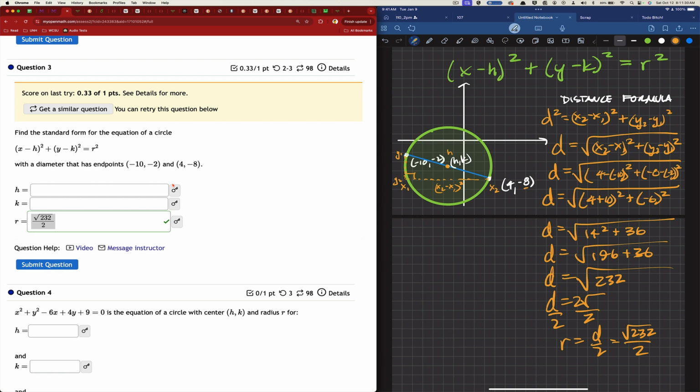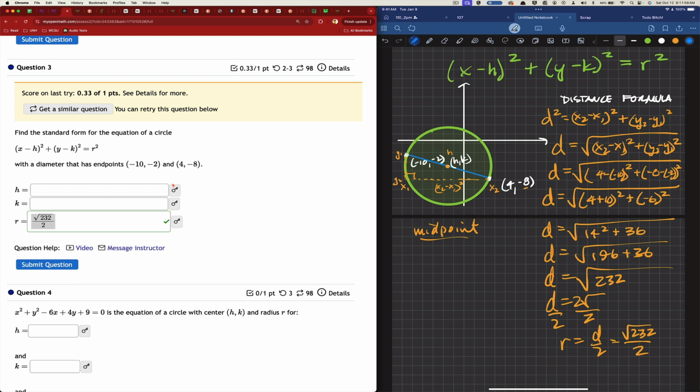How do I do that? You can find the midpoint. People call this the midpoint formula. It's not really a formula because there's no equal sign. To determine the midpoint of a segment joining 2 points, find the average of the x's.